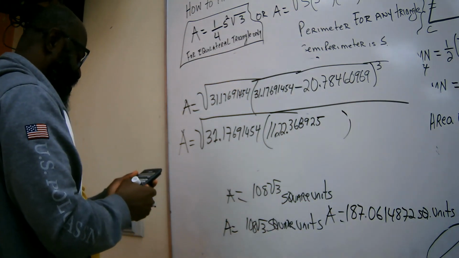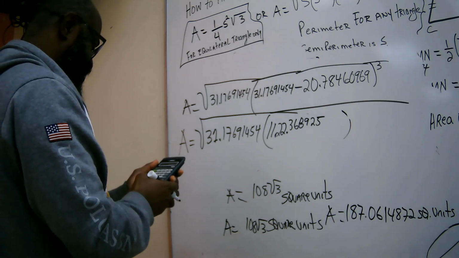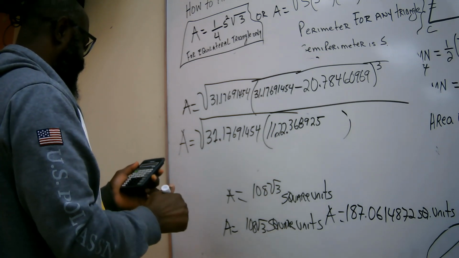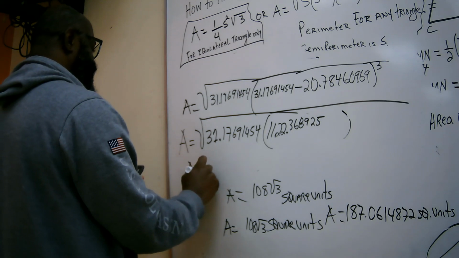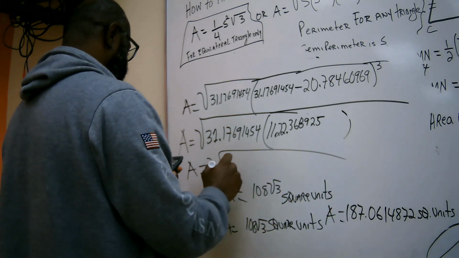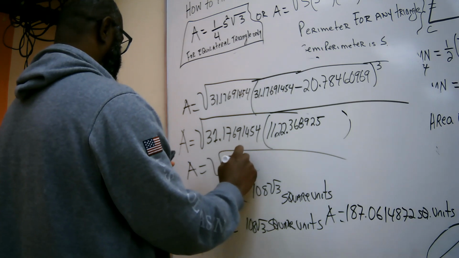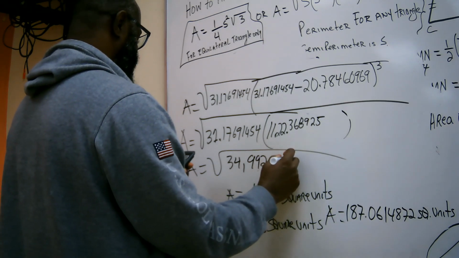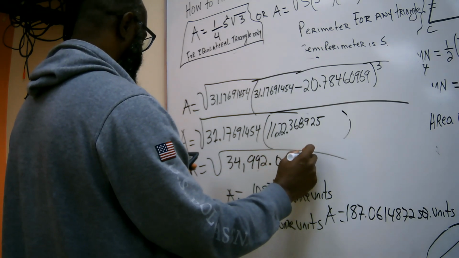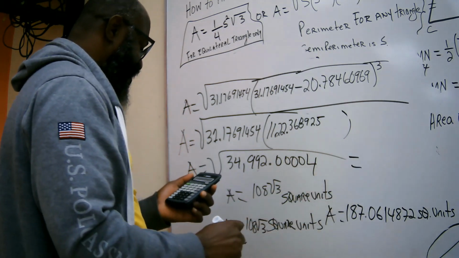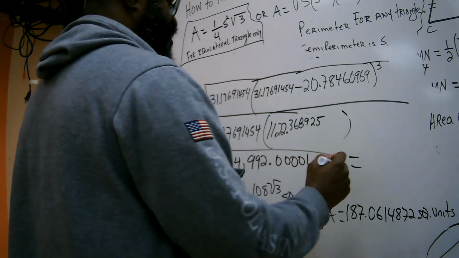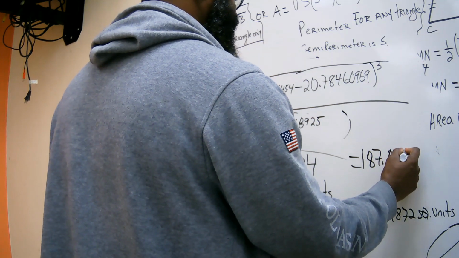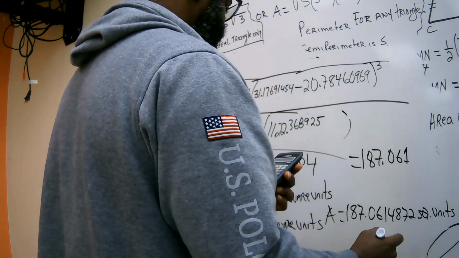Then we're going to multiply it by 31.17691454, and it gives you the root of 34,992,000,004, and you take the square root of that, bang, and that gives me 187.0614872 when I do not round it.